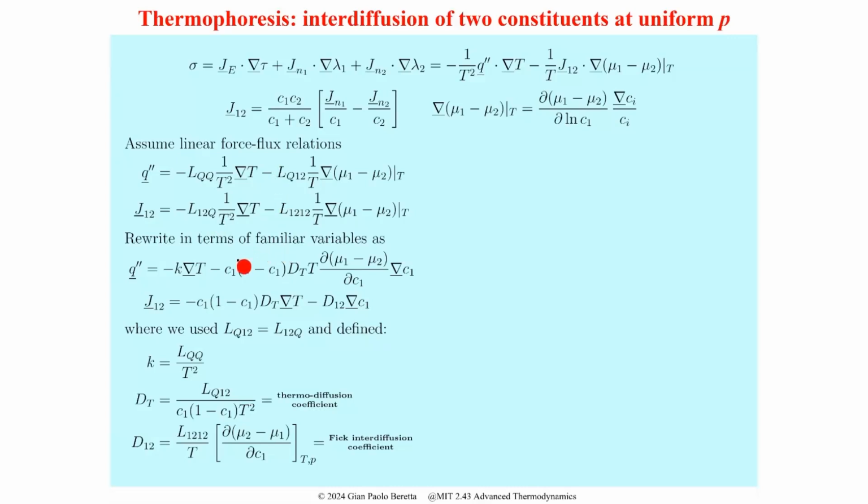And we rewrite it in so-called familiar variables, or the traditional ways, so as to single out the gradients in concentrations instead of the gradients in chemical potentials. However, when you do that, your system of equations loses the apparent symmetry. So you see these off-diagonal terms are not identical.